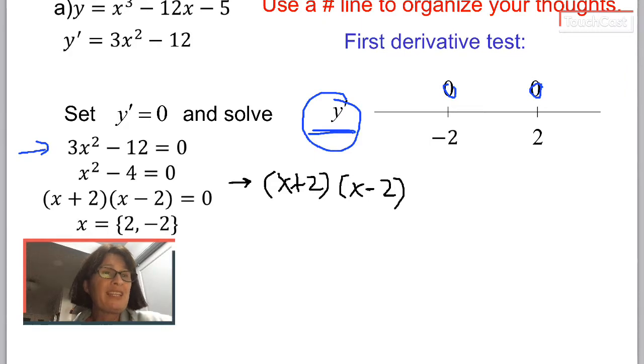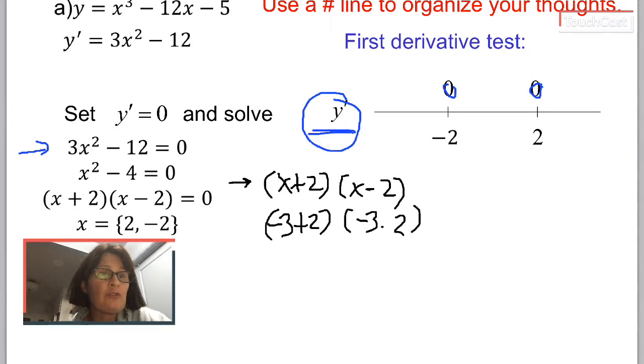Now I'm going to pick a number to the left of -2. So let's call it -3. I'm going to replace all the x's with -3s. -3 plus 2, -3 minus 2. Now you might do that work in your head. It's fine, that's up to you. I'm going to ask myself now, if I have a -3 plus 2, is that positive or negative?